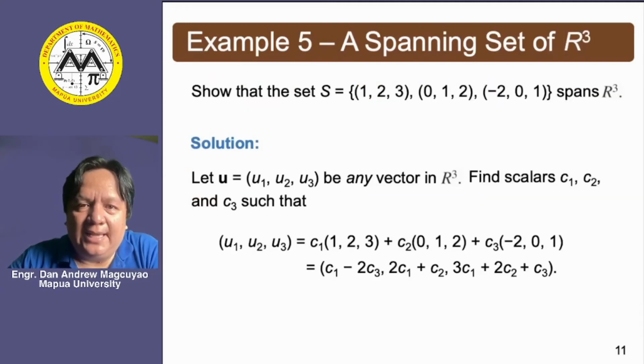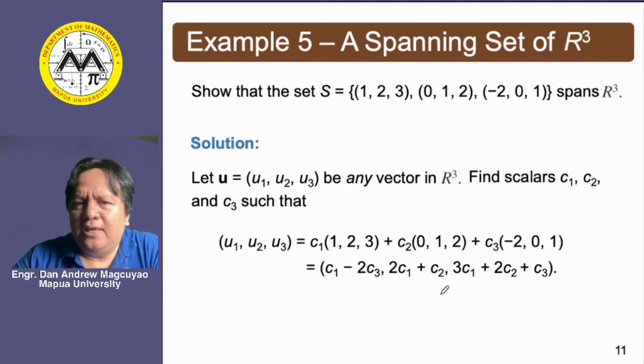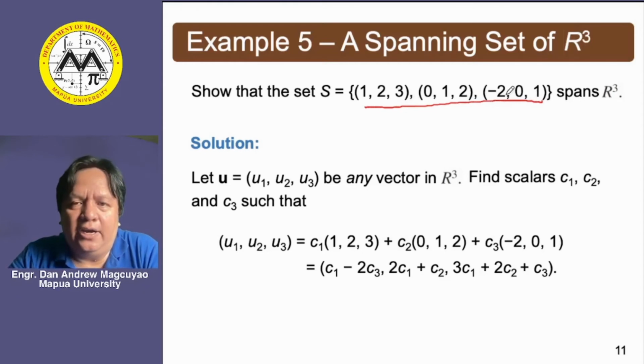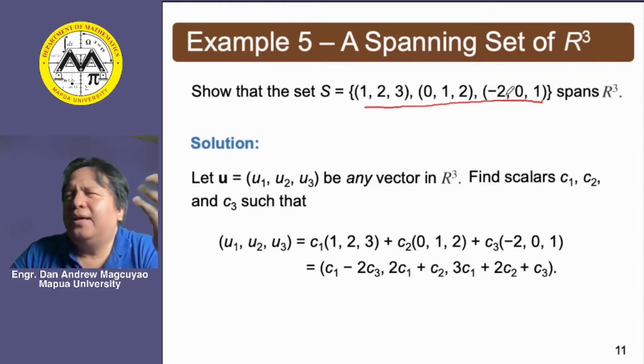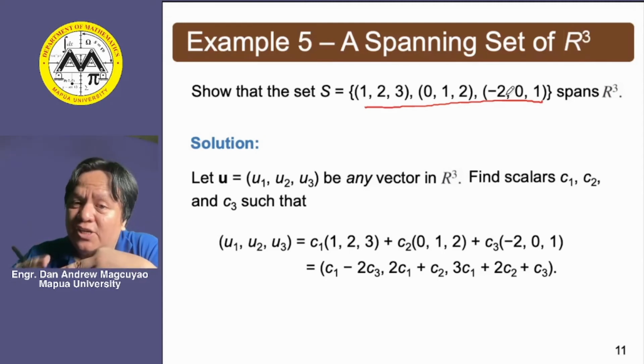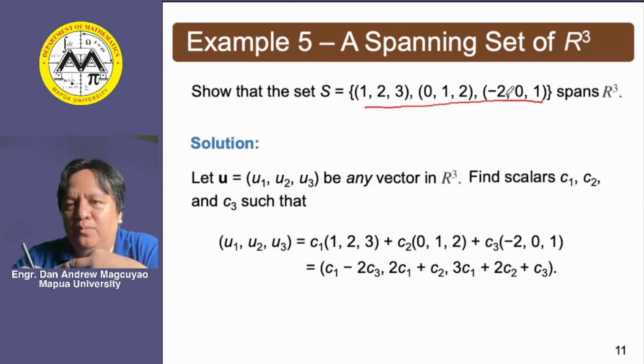Show that the set S, 1, 2, 3, 0, 1, 2, negative 2, 0, 1, spans R cube. We want to determine if these three vectors are enough to span R cube. So imagine all the engineers from the past thinking that CMY, cyan, magenta, and yellow, is sufficient to produce all the possible colors.